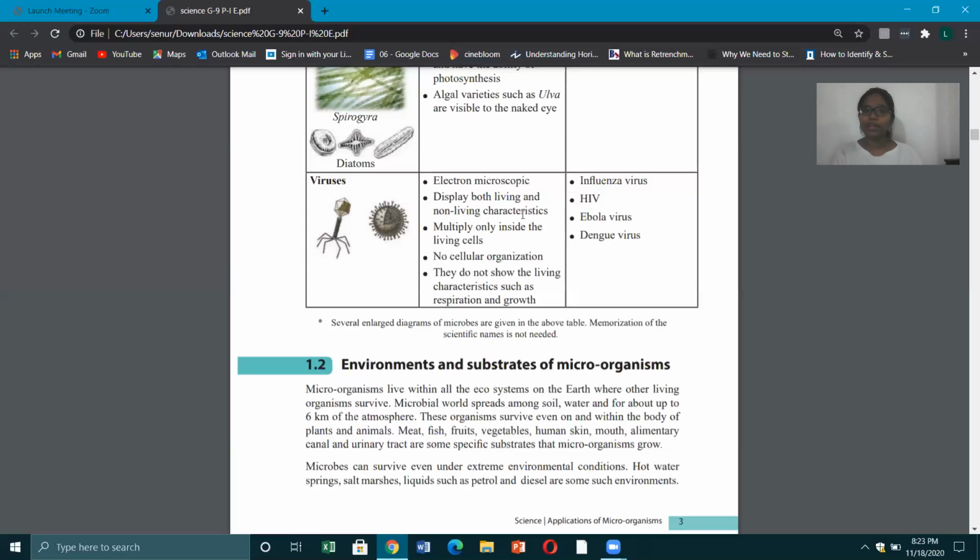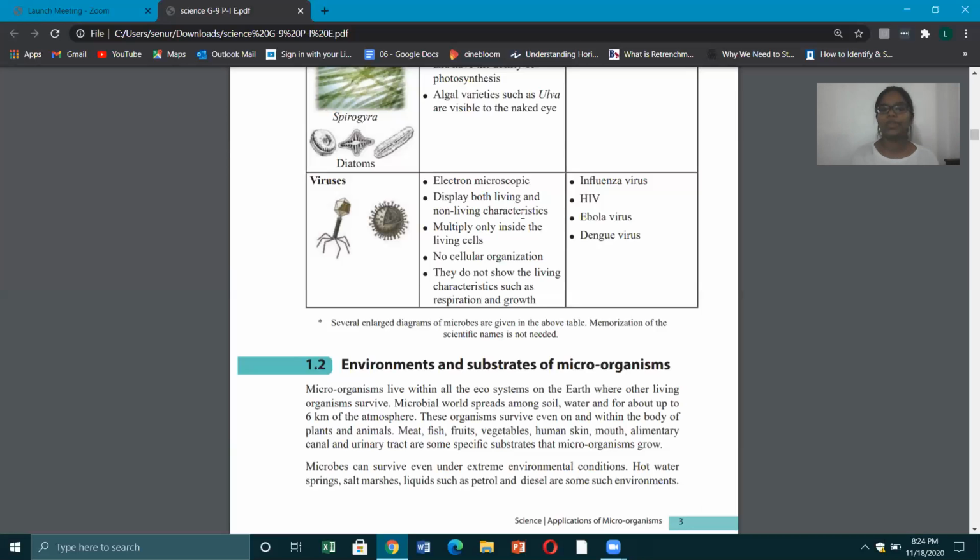It can't multiply itself just by being on the table. They have to enter into a living cell. I'm just saying that there's a specific virus on my table. In order for it to multiply itself, it should enter into my body.